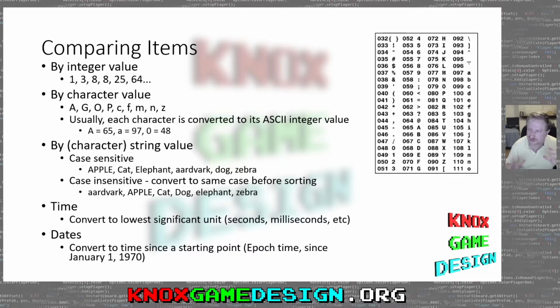Generally in this talk, I'm just going to be talking about sorting alphanumeric characters, and not the special characters, but each character is represented by an integer value, and on most systems this can be translated to the ASCII integer value, and ASCII stands for American Standard Code for Information Interchange. I always get that wrong, so don't hold me to that.